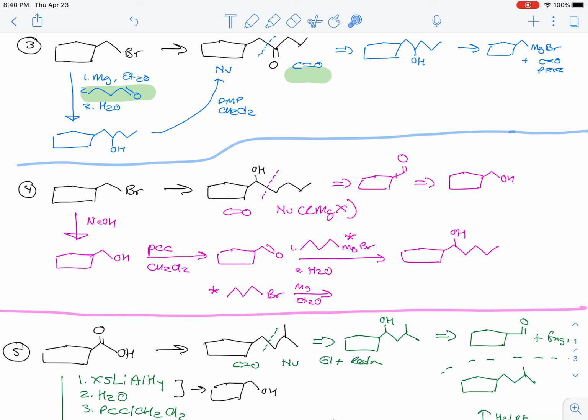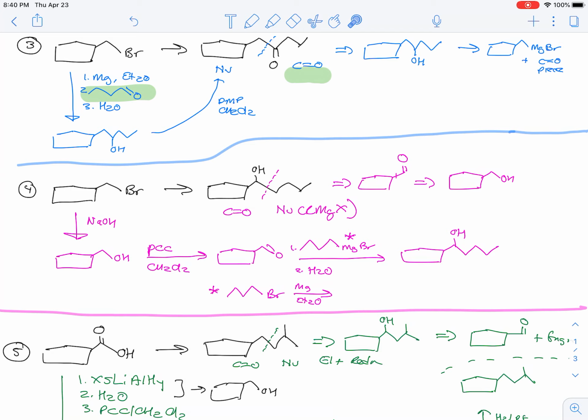So working backwards, if we have this piece, which we can get from this piece, then the nucleophile can be our alkyl halide. So in other words, if we can convert the bromide into an alcohol, the alcohol into an aldehyde, and then finally add the Grignard to the aldehyde, we'll get the secondary alcohol.